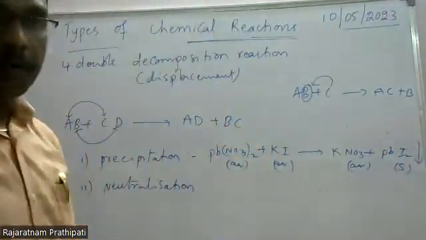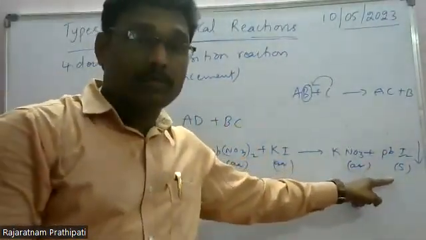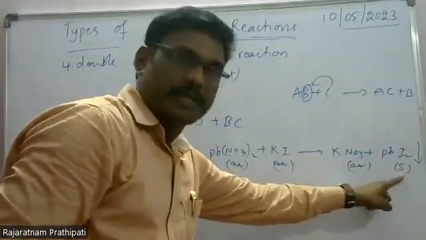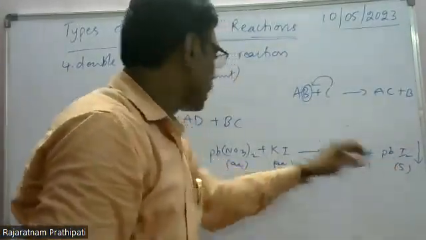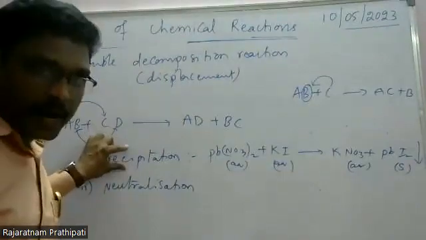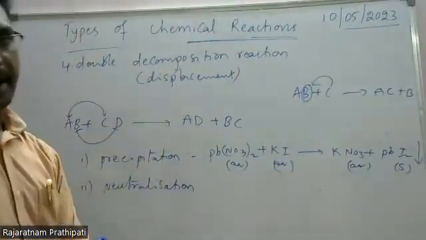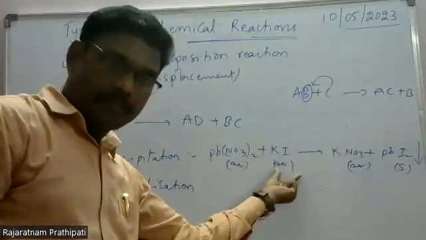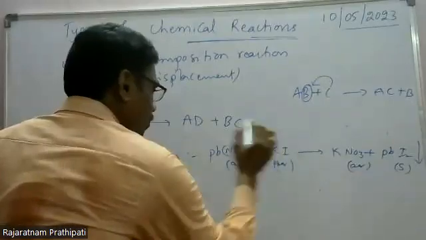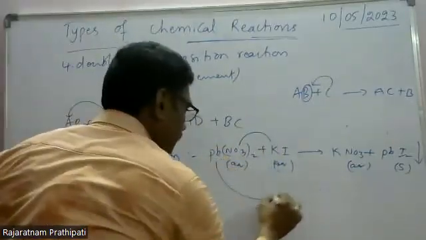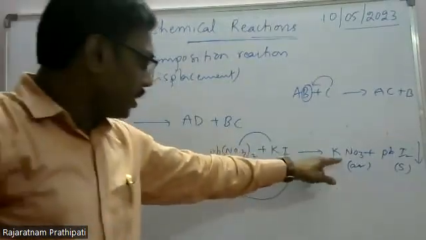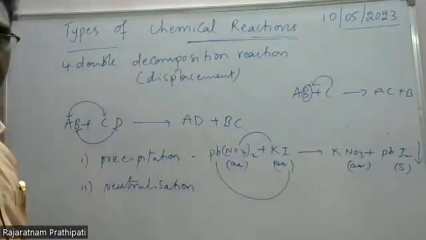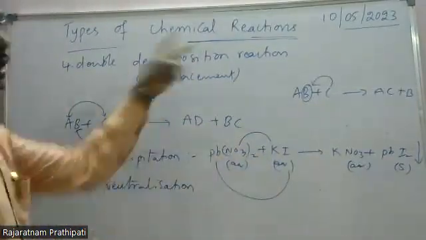Precipitate means an insoluble substance which is separated from the solution, and those reactions are called precipitation reactions. In lead nitrate and potassium iodide, nitrate attaches to potassium and lead attaches to iodine. That's why we get potassium nitrate and lead iodide. This is a precipitation reaction, a double decomposition or double displacement reaction.